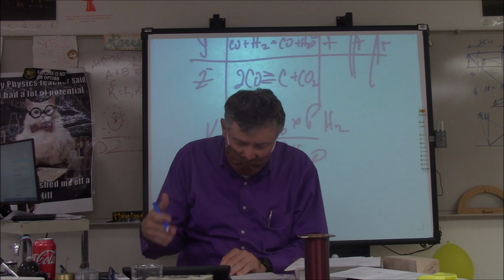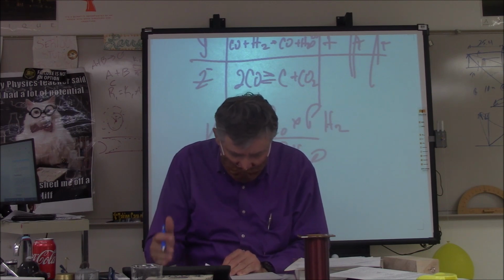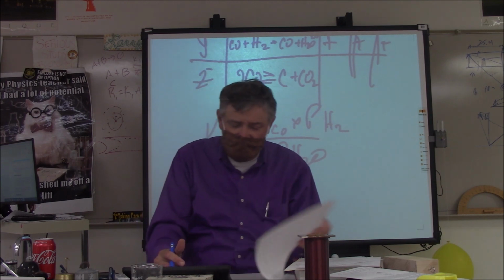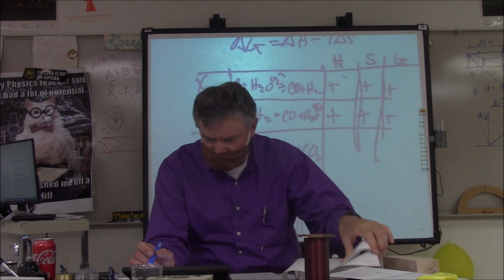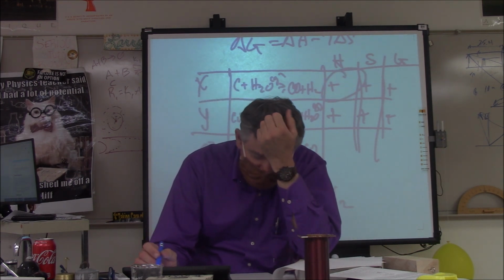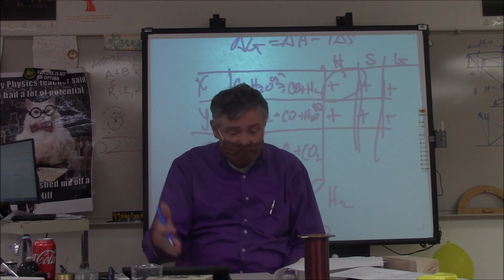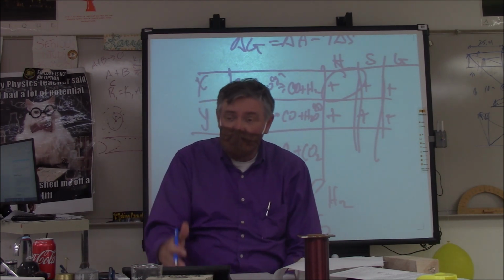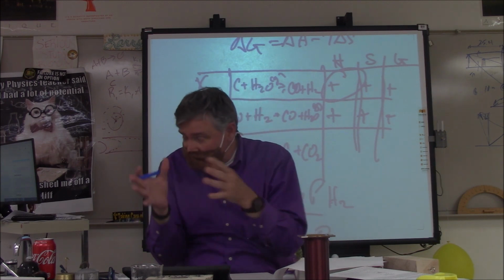Will the equilibrium constant increase, decrease, or remain the same if the temperature rises above 298? Justify your answer. So here's the whole kicker to this. Which one is it asking about? Question X. So this is an endothermic reaction, right? Because you have a positive delta H. You've got to take energy into the system.